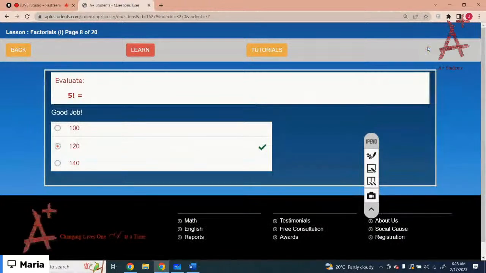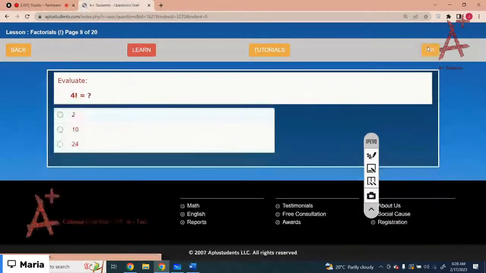Okay, the next one is 4 factorial. 4 factorial is 4 times 3 times 2. Got it? 4 times 3 is 12 and 12 times 2 is 24. So 4 factorial equals 24. So the correct option is 24.